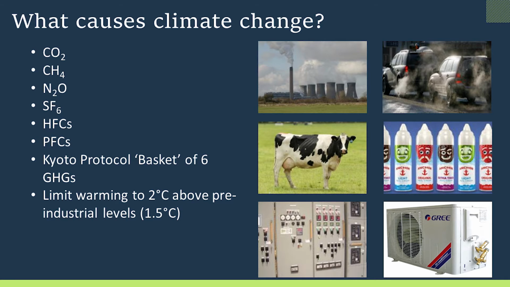We're ultimately trying to limit the rise in global temperatures to 2 degrees, or more recently, well below 2 degrees above pre-industrial levels. So that graph I showed you earlier, back to 1850, we're trying to limit that rise. And the way we're going to do that is control the emissions of these gases and all the other things that we do in our businesses. There are many other gases that have impacts, but they're less prevalent. They are less commonly used. So this is the main focus in terms of gaseous emissions.